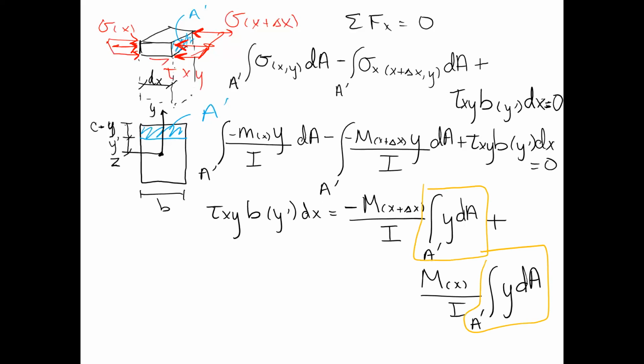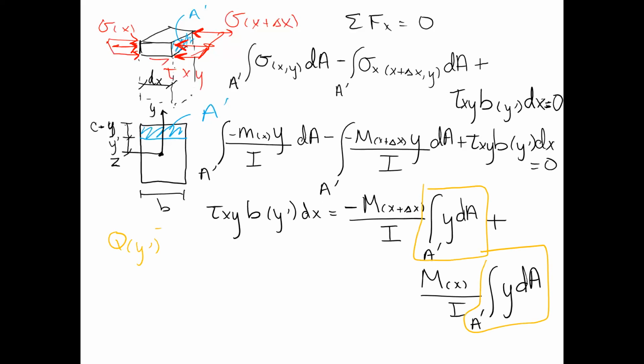So we come up with this thing called Q. Q is specific to a Y value. On the same cross-section, for varying values of Y, Q will take on different values.